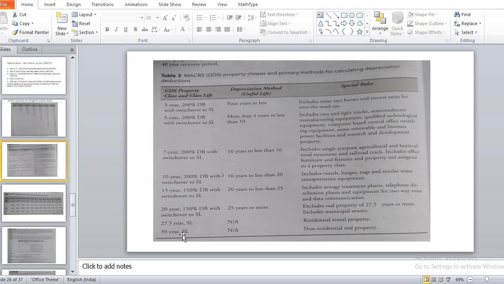So these come under the modified accelerated cost recovery system. We will go through some numericals based on it, and in solving those numericals we use these tables.